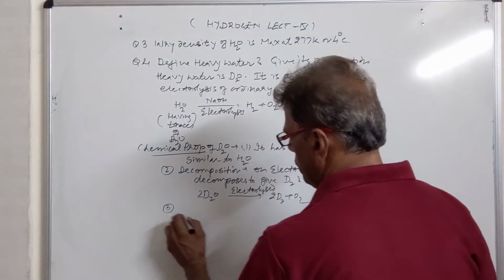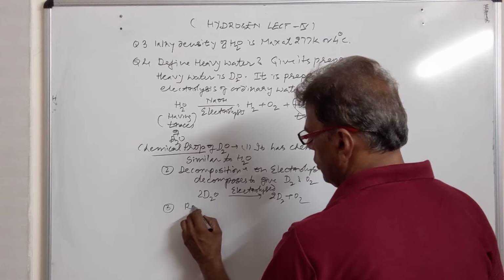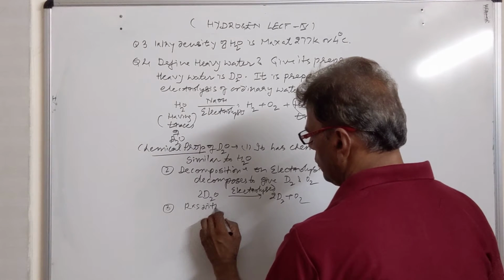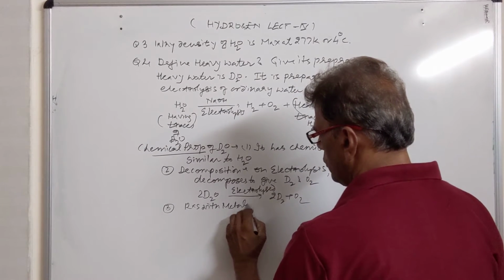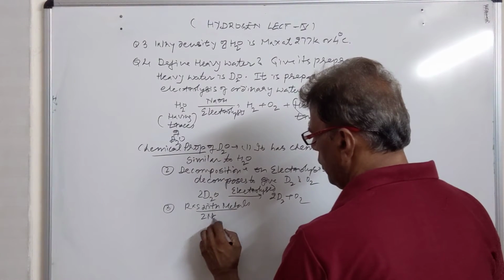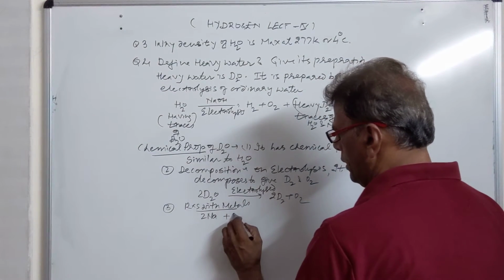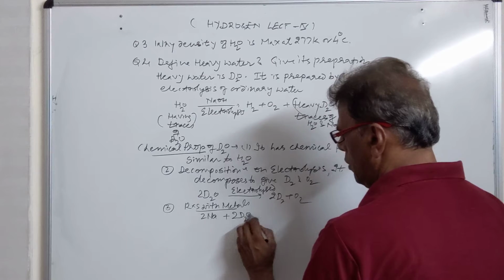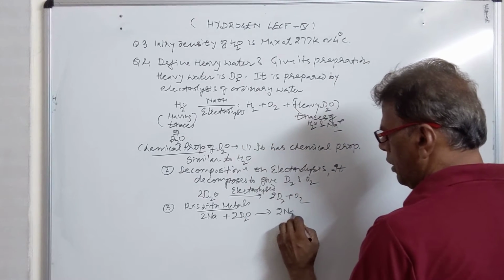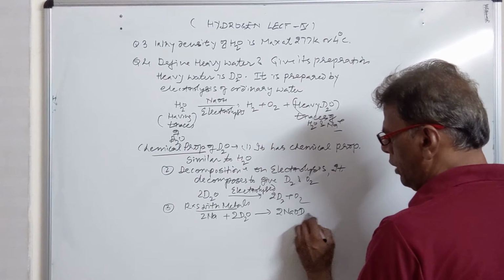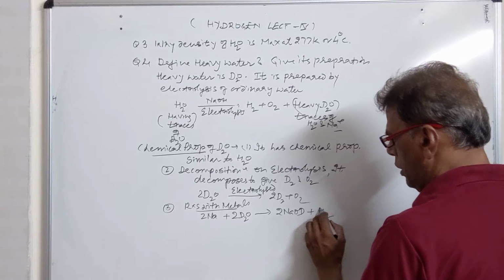Then we have its reactions with metals. Similar to water, it will produce alkalis on reaction with metals. In water we were getting 2NaOH, here we get 2NaOD plus D2 gas.